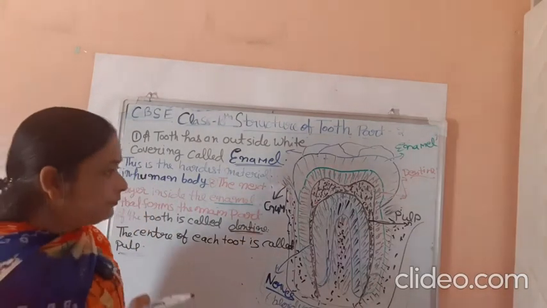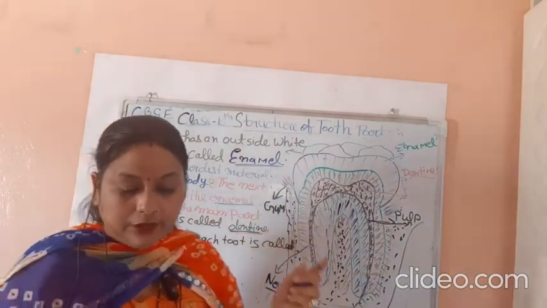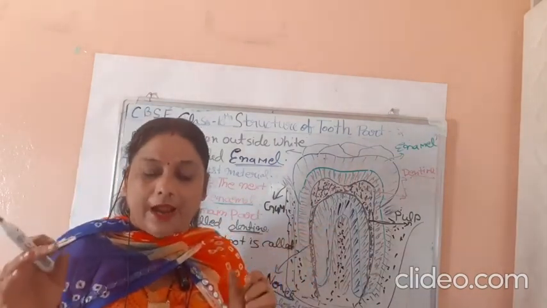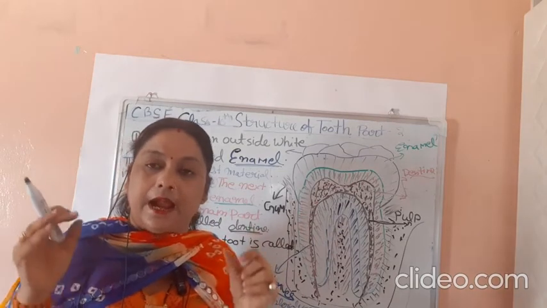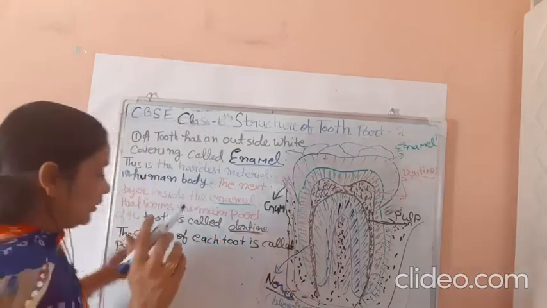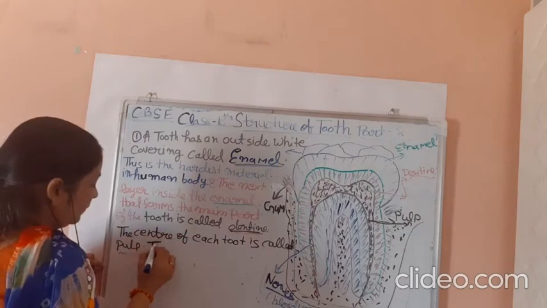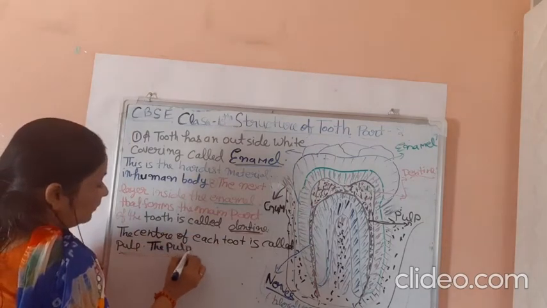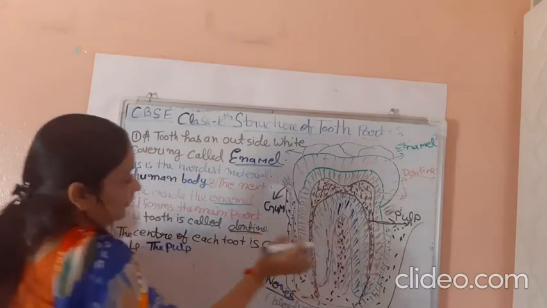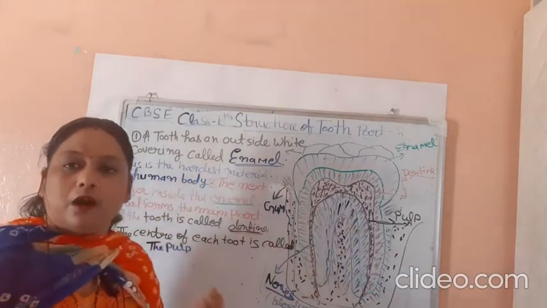So the pulp is soft, and blood vessels and nerves are present in it. The center of each tooth is called pulp.